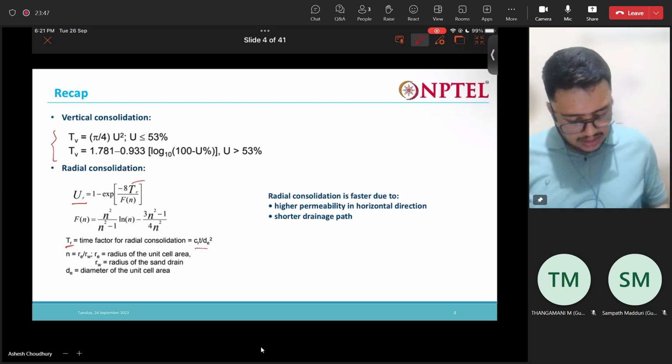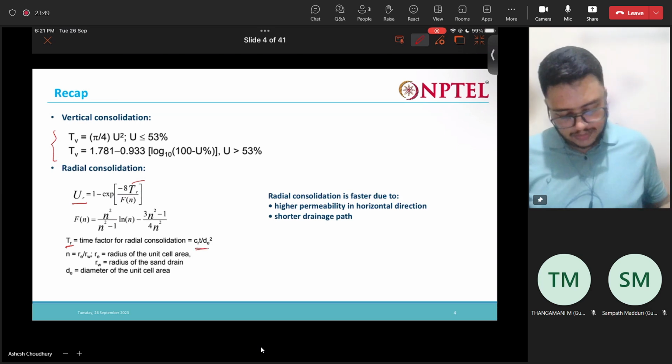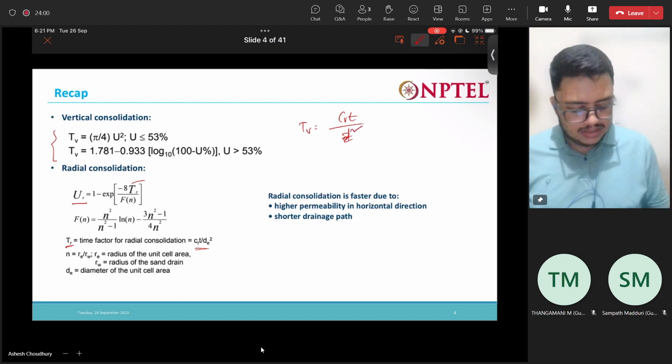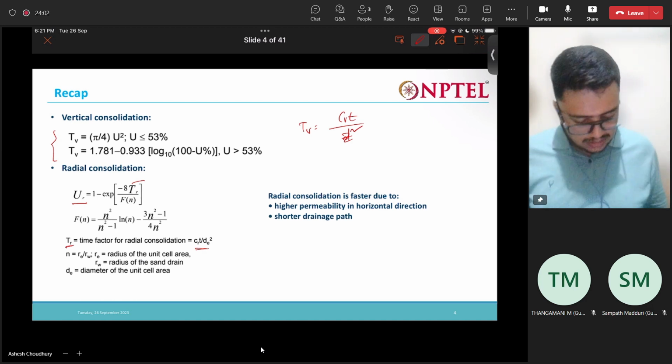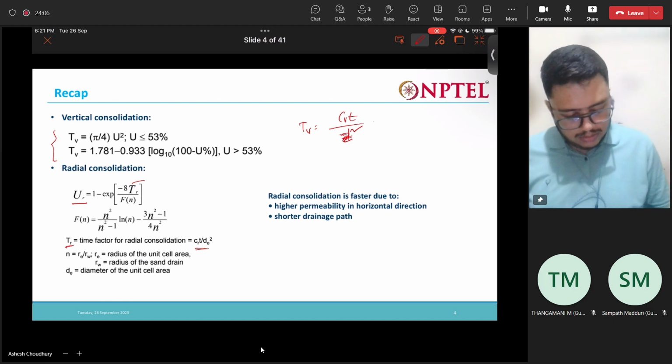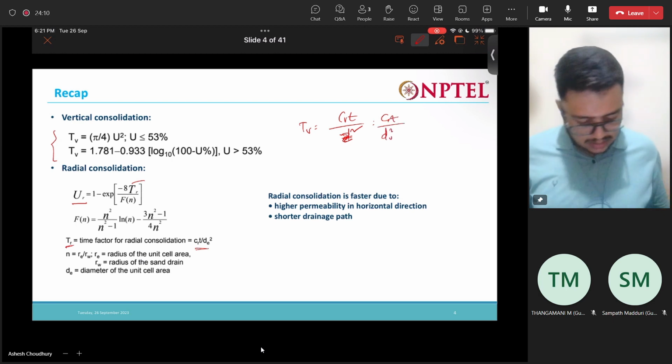Tr can be obtained by the relation Cr t by D square, and the time factor Tv is Cv t by Z square, where Z is the vertical drainage distance.